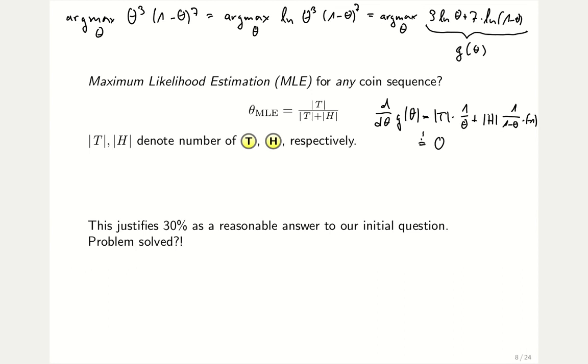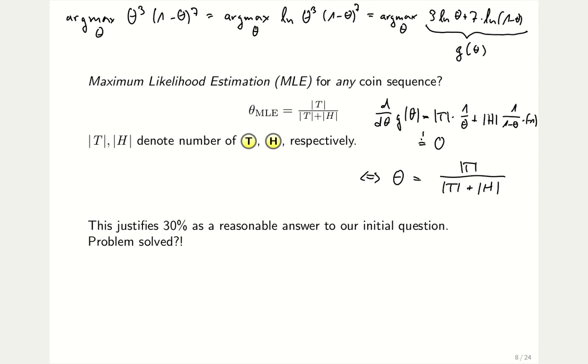And if you do some calculations, try to do them yourself. What you will see is that this is the case if theta is the number of tails over the number of tails plus the number of heads, and that is to say the number of total flips. Okay?